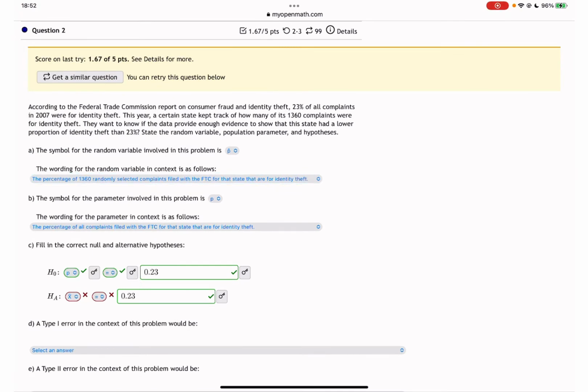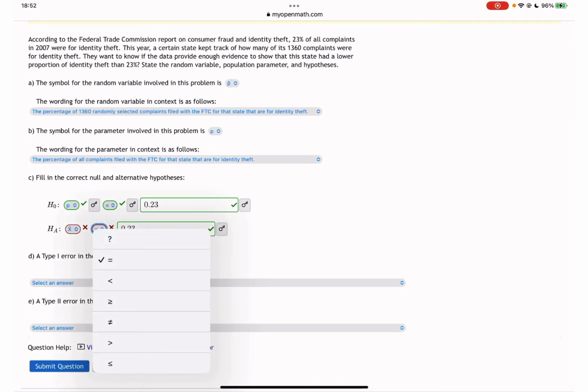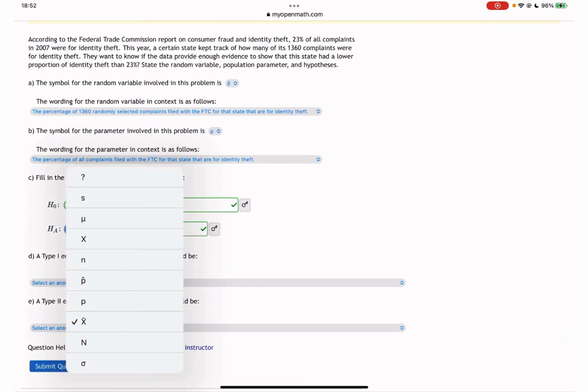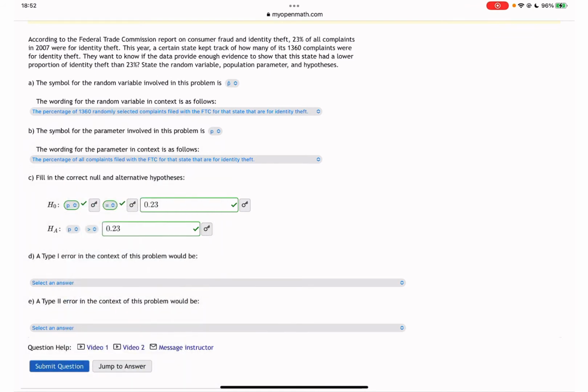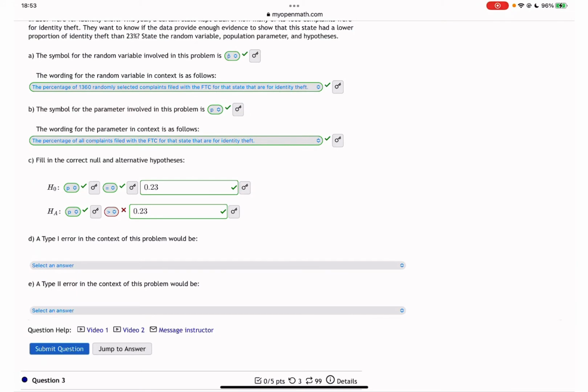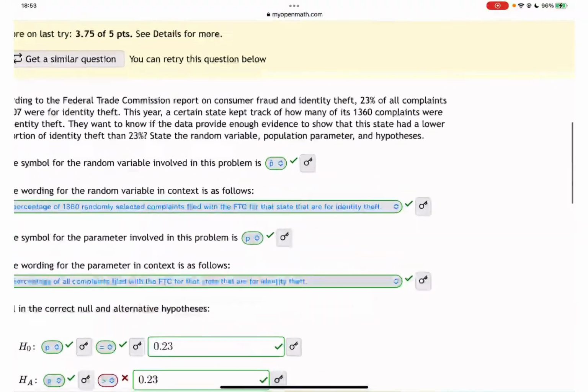Okay, let's check now. Okay, this one, what is this? It shows now equal. It's not equal. We chose greater than. So this is not good, what's happening here. And this one is going to be P. Okay, let's check it. All right. Why is this one greater? Well, let's see what it says here.